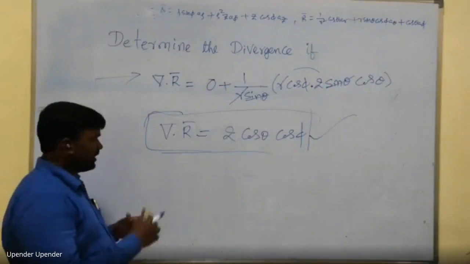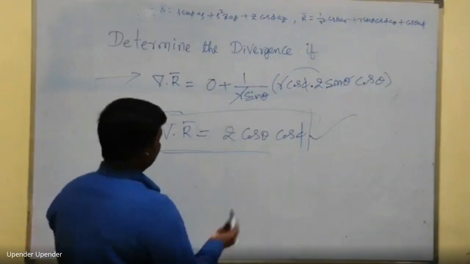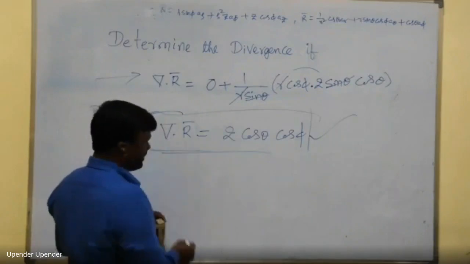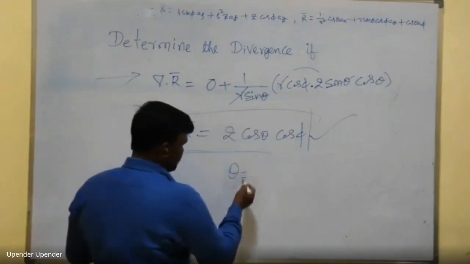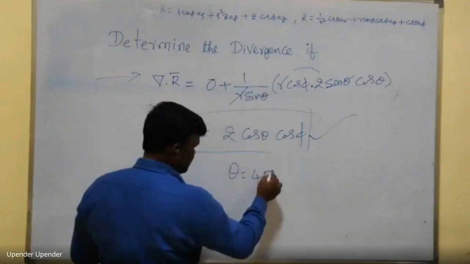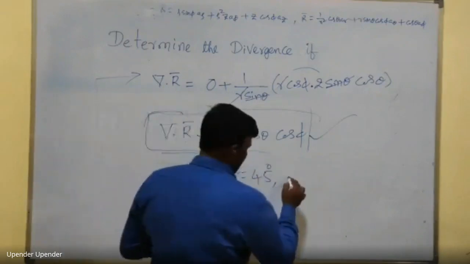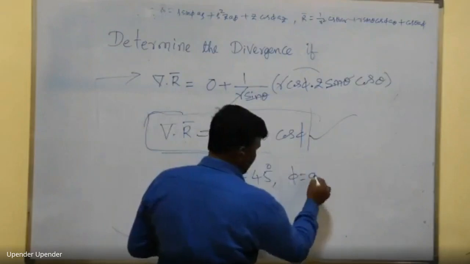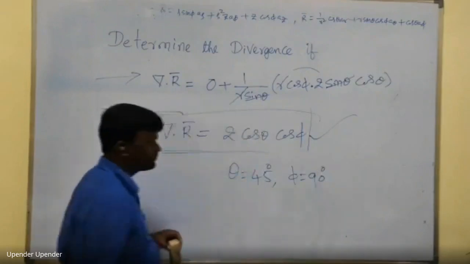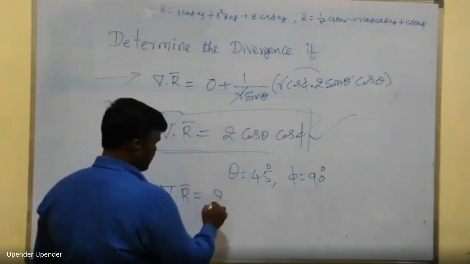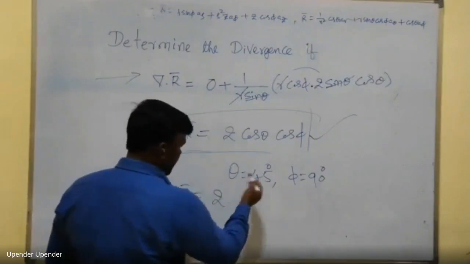Suppose they ask, find the divergence of this R bar at theta equal to 45 degrees and phi equal to 90 degrees. Then del dot R bar is 2 into cos 45.